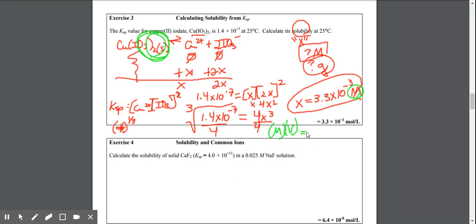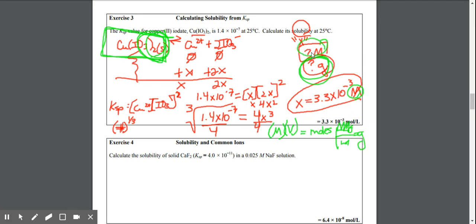Well, that's equal to moles. And if I know what moles is, I can solve for grams by using the molar mass of whatever this solid is right here. So this is how you figure out your solubility in terms of grams.